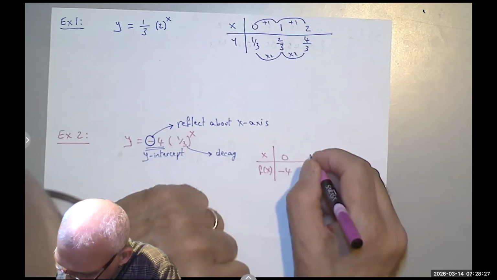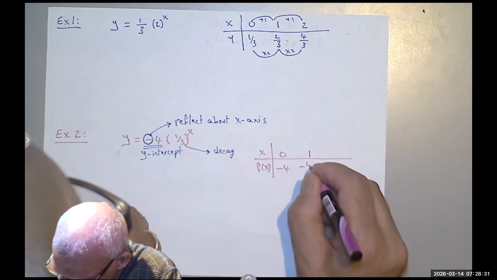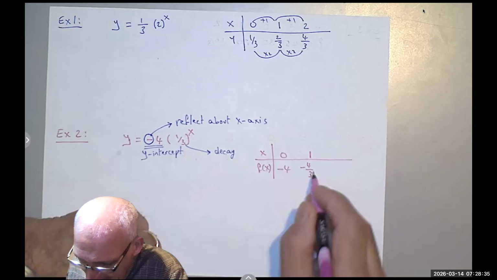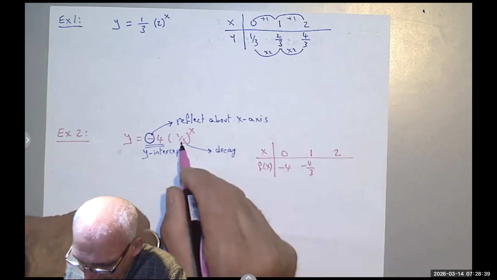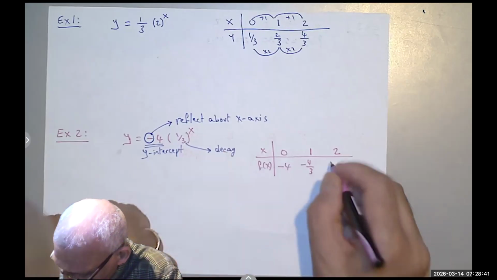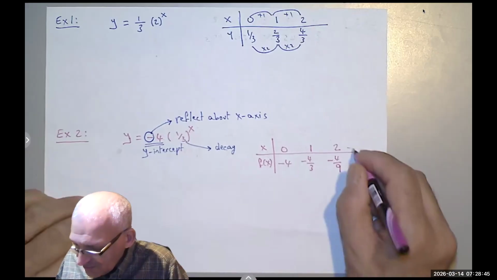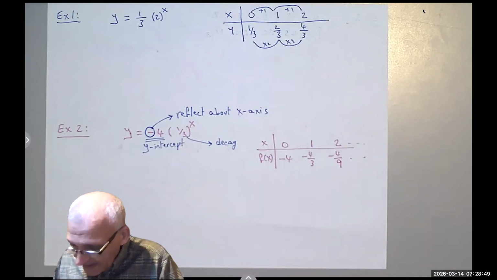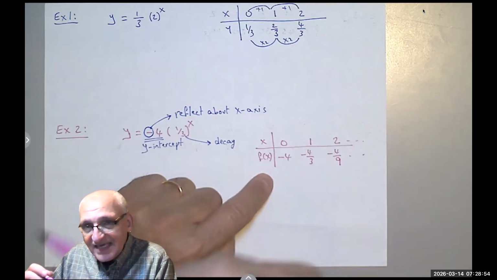If x is 1, then this is -4/3. Notice, I multiplied by 1/3. If x is 2, I multiply by another 1/3, so I get -4/9, and so on and so forth. So it starts at -4, and it decays.